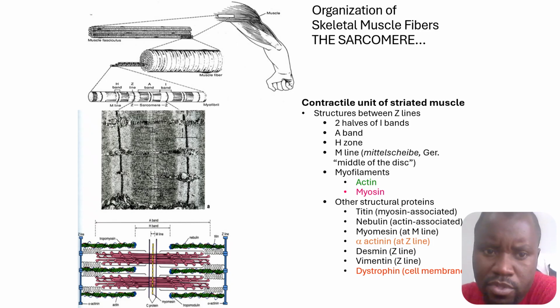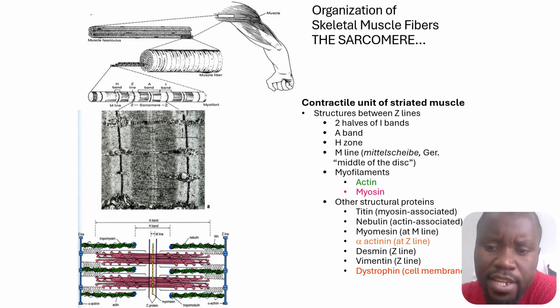Each one of the fibrils is made up of repeated arrangements of actin and myosin. The repeated arrangement of actin and myosin is what makes up a sarcomere. A sarcomere is the contractile unit.